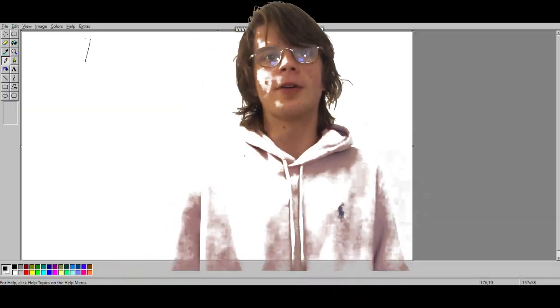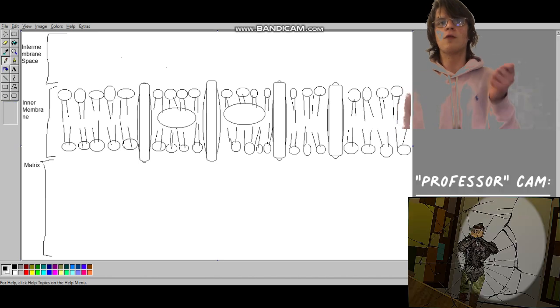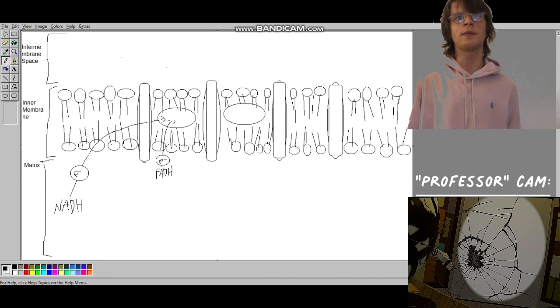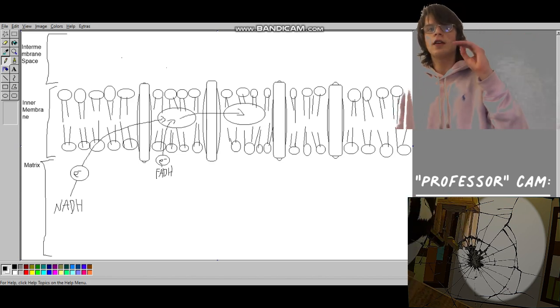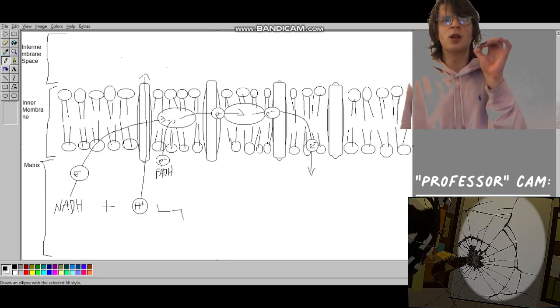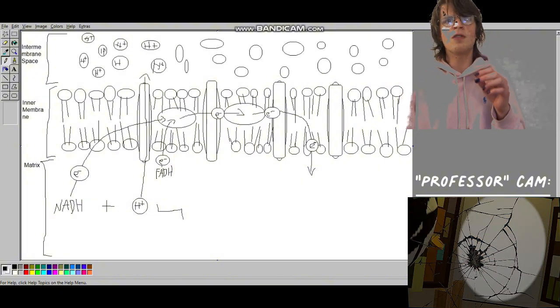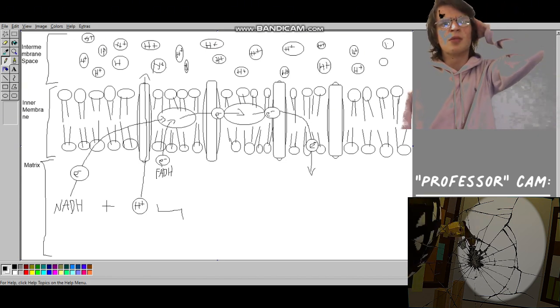I'm just gonna explain the electron transport chain, since they are getting nowhere. Alright, so the NADH and FADH2 from before drop off the electrons they've been carrying onto the electron transport chain. This is the NADH and FADH2 being oxidized. The electrons move along the chain, which makes active proton pumps move hydrogen ions out of the matrix of the mitochondria and into the intermembrane space.